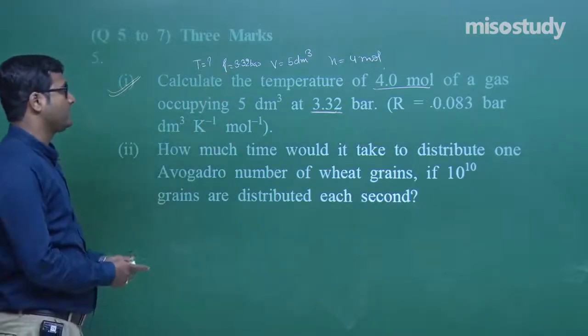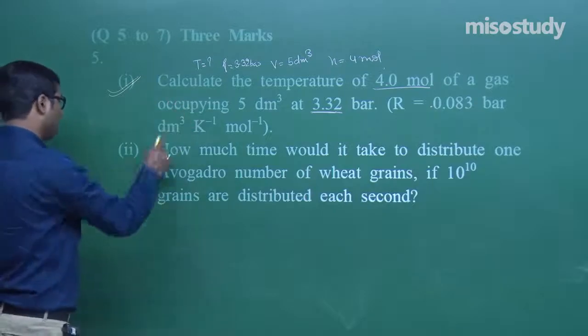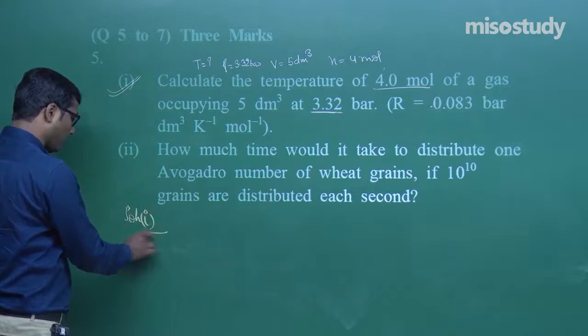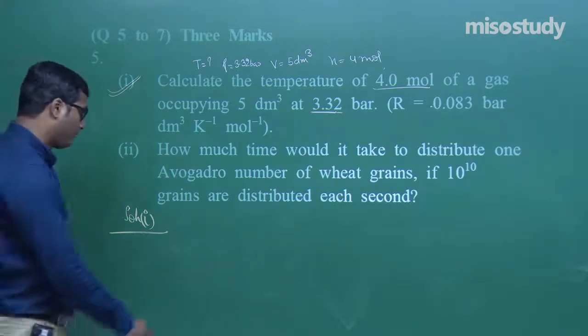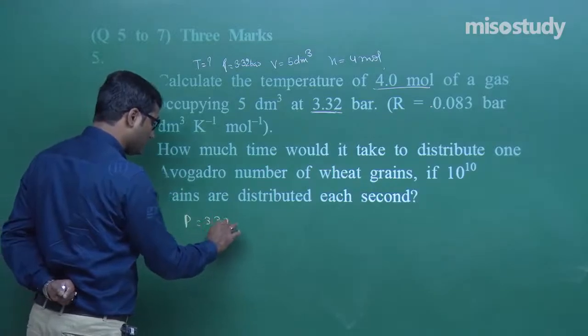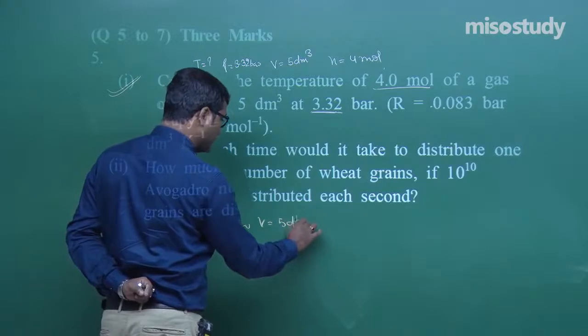Now is there any relation between this data? Yes. Now the solution of question number 1. Clear? P is given 3.32 bar. V is given 5 decimeter cube.